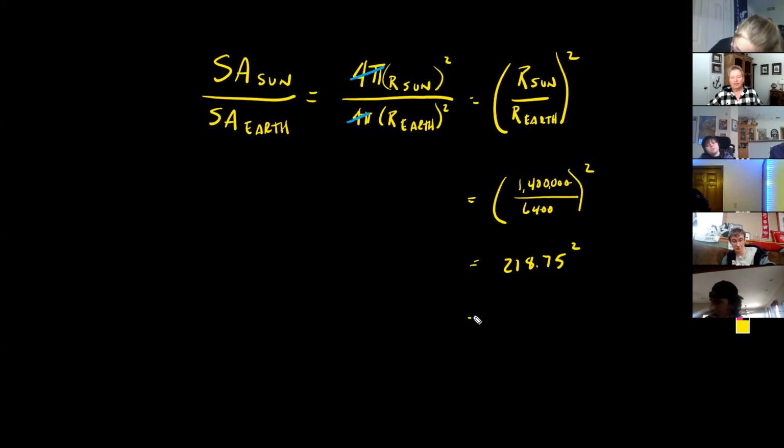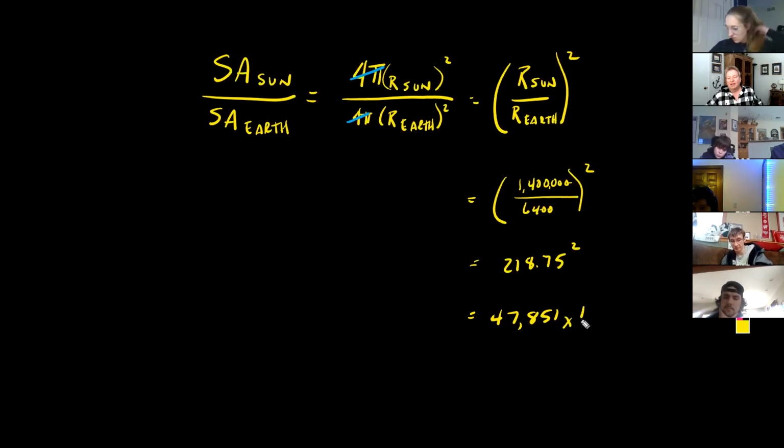But I have to square it. So I get 47,851. So the sun has a surface area 47,851 times bigger than the Earth. Times it's giving off 160,000 times more energy.